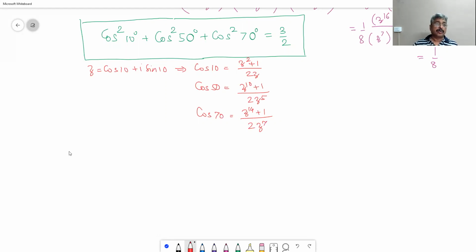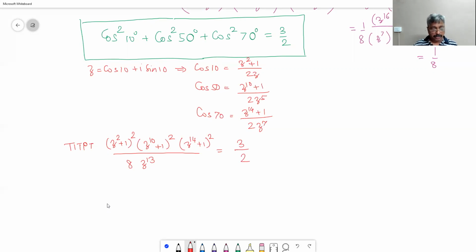Is that right? So to prove that z square plus 1 bracket square into z raised to 10 plus 1 bracket square into z raised to 14 plus 1 bracket square, upon 8, 7 and 6, 13, z raised to 13 is equal to 3 by 2. Is it correct? That is what we are supposed to prove.